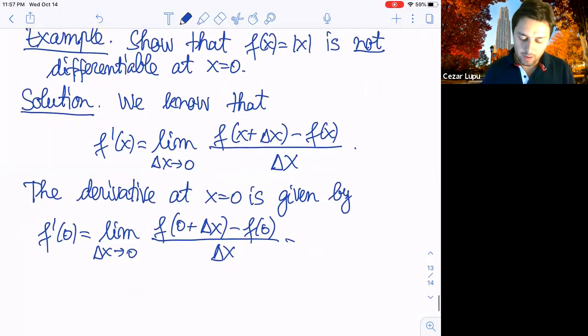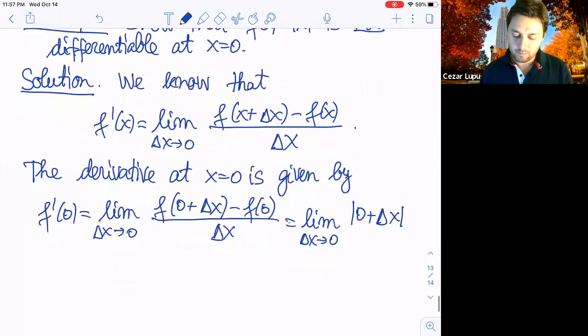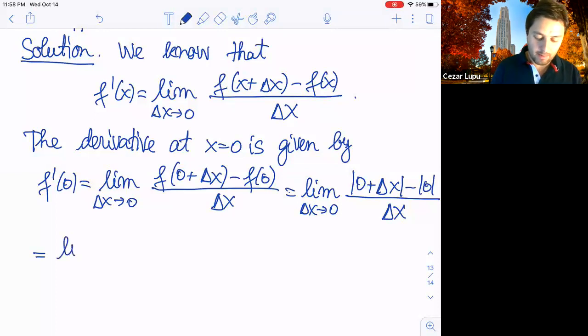And now this will be equal to the limit as delta x approaches 0 of the absolute value of 0 plus delta x minus the absolute value of 0, everything over delta x, right? Or this will be nothing else than just the limit as delta x approaches 0 of the absolute value of delta x over delta x.